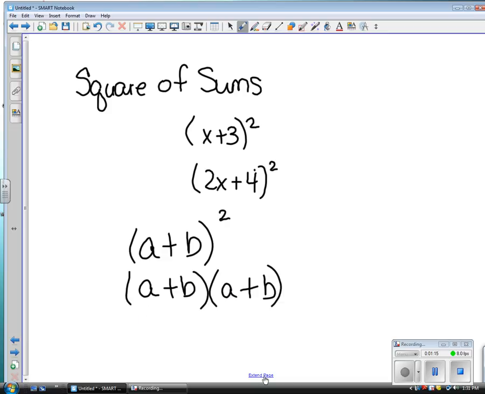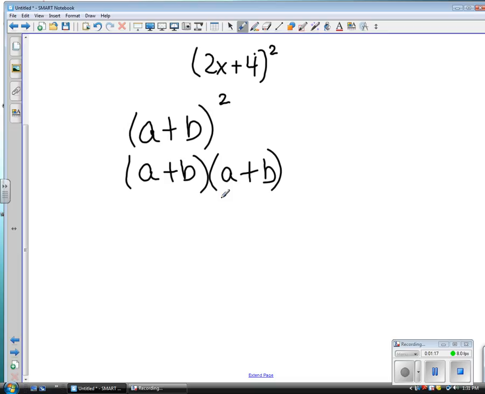Now, using FOIL, can you tell me what that is? What is a times a? What is the outside, a times b? ab. What's the inside? b times a. Yes, you need to write it ab. Put them in alphabetical order, remember? So change them around. Now, what's the last term? b times b.